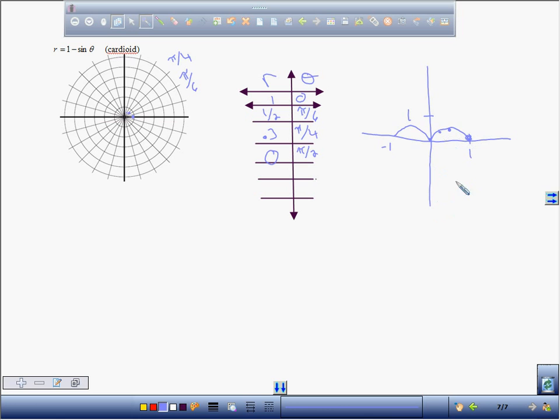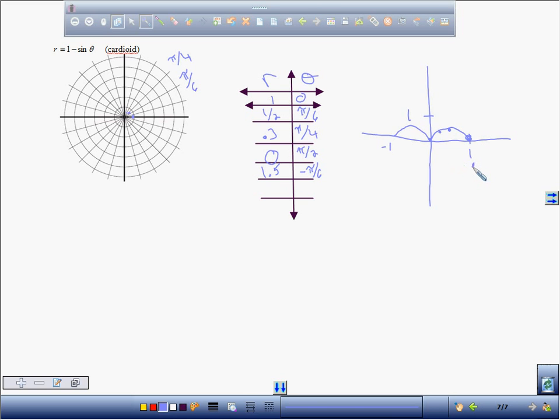So how do I get some points down here? What do I need to plug in? Negative numbers, like negative pi over 6. Sine of negative pi over 6 is negative 1/2. So I get 1 minus negative 1/2, which gives you positive 1.5. So I'm going to go out 1.5, and then rotate through pi over 6.